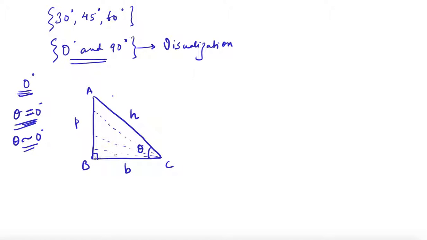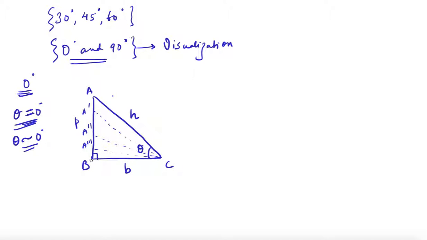So let us consider the scenario when theta becomes lesser than that, again smaller than that, again smaller, and a case will come when theta approaches 0. Then this side, say this is a dash, a double dash, a triple dash, when theta is equal to 0 degrees, this dotted line will coincide with line BC.